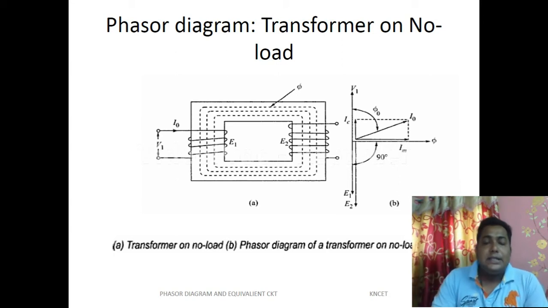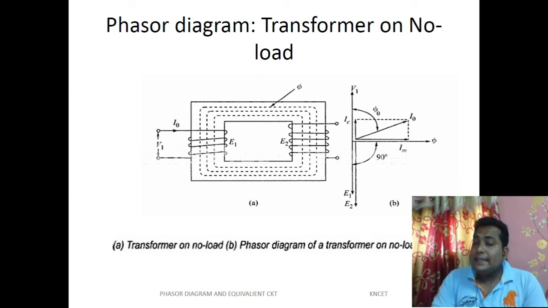On the primary side we have given a supply voltage V1, and due to that a current I0, or I naught, is flowing. When this current flows through the primary winding, a flux phi is generated and flows through the whole core of the transformer. Due to the interaction between the coils and the flux, E1 and E2 are generated.